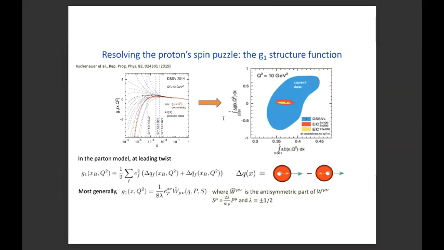Now, you don't have to go to a parton model interpretation. In general, you can just measure the cross-section, so you can measure the anti-symmetric part of the hadron tensor, and a particular projection of that is what G1 is. You can just directly measure the cross-section and extract G1 or calculate it in some way.